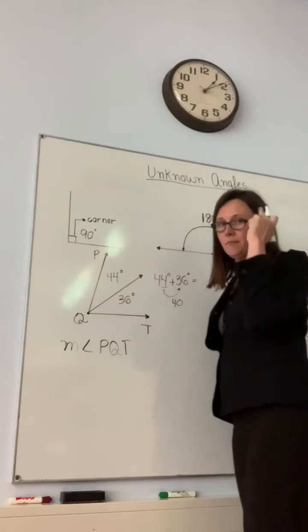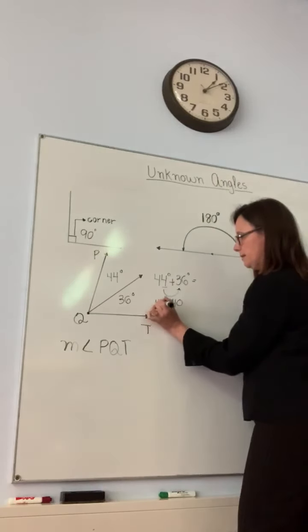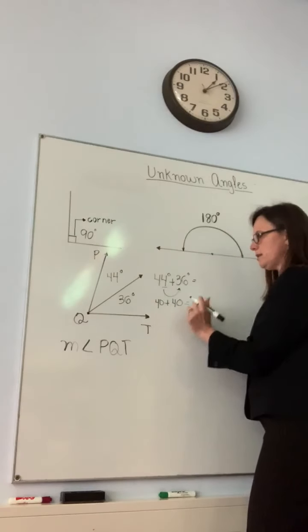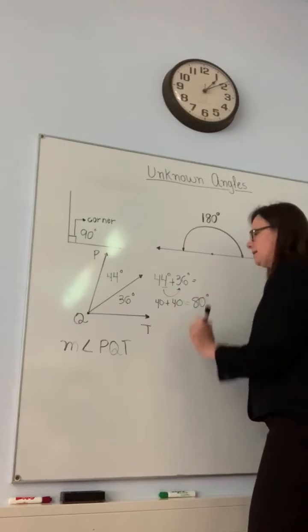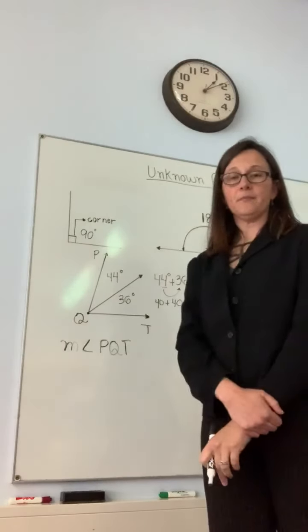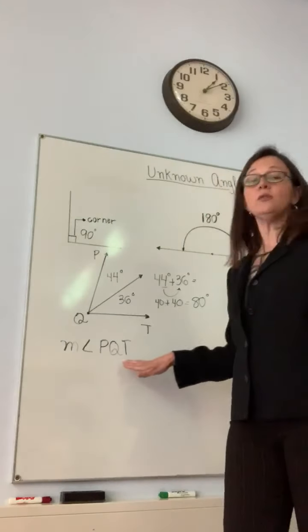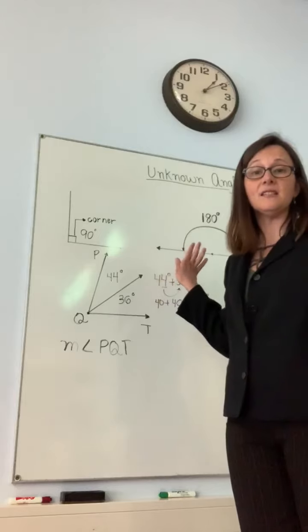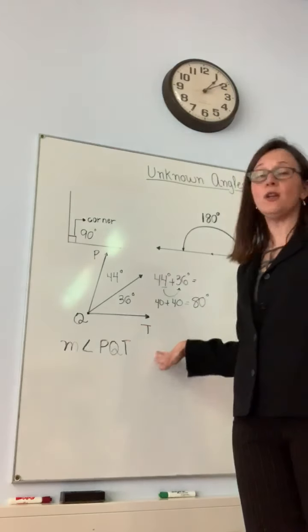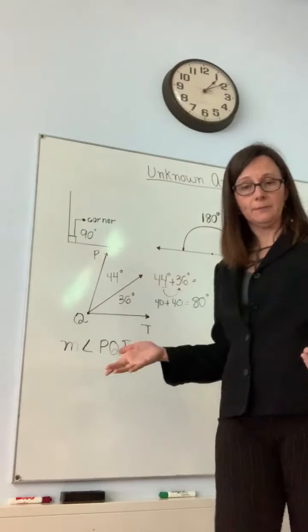This is mental math, right? And I took the 4 away, so this will be a 40. Look, what is 40 plus 40? 80. So the measure of angle PQT is 80 degrees. The PQT angle measures 80 degrees.